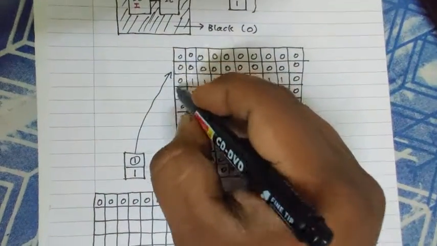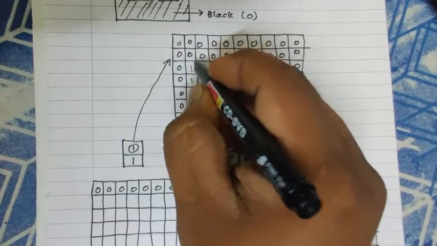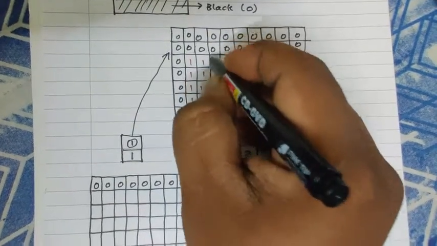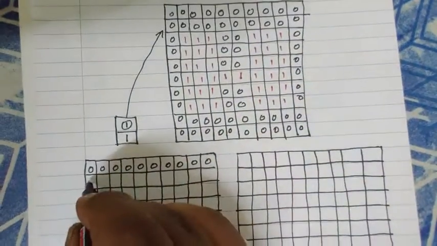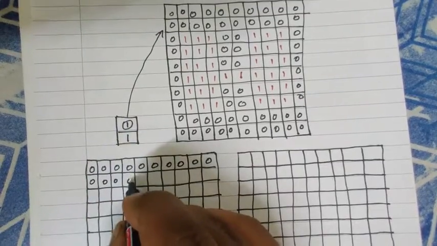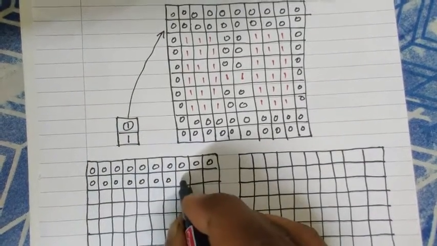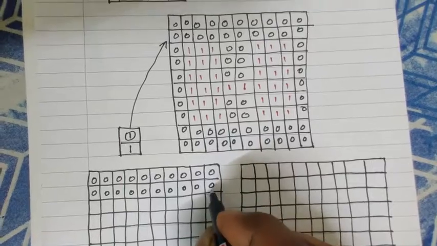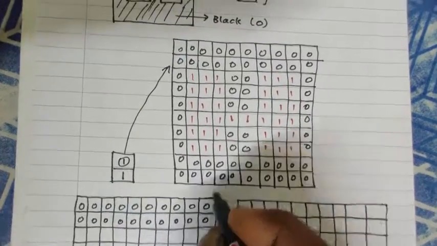Let us move to the next row. Again, since only one of my pixels is matching, the entire row will be 0, because for erosion we need both the pixels of the structuring element to meet with my image.